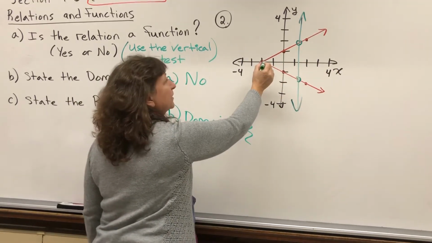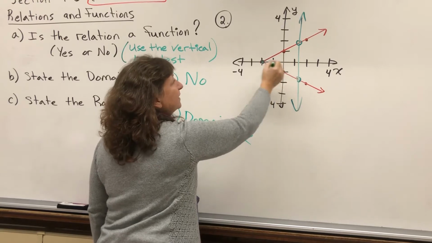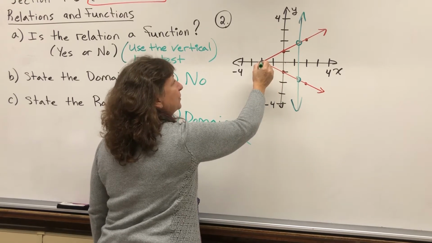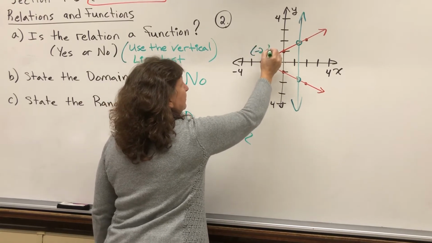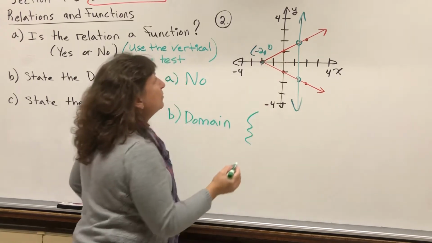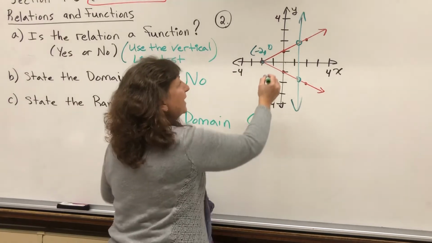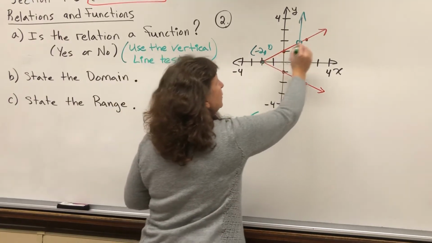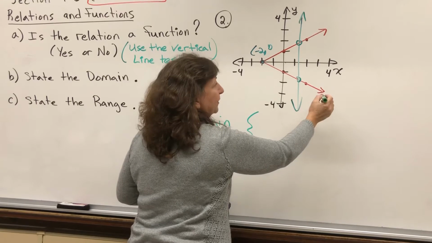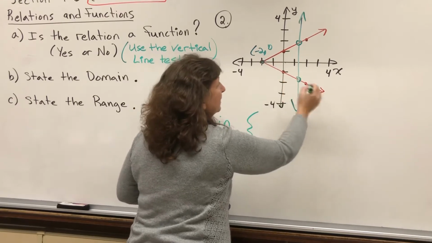If I were to start with this point here, this is the ordered pair -2, 0. I can notice that my domain goes as far back as -2, and then it continues to the right forever and ever. It doesn't ever stop.